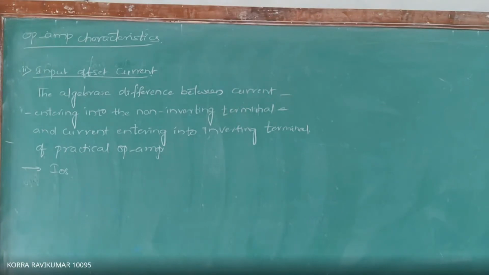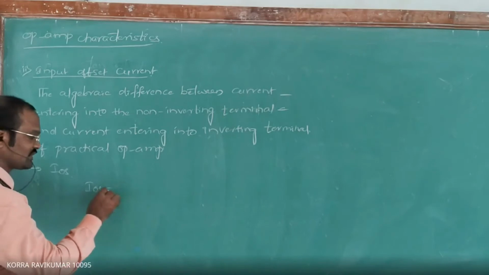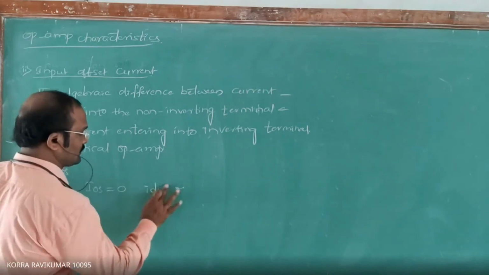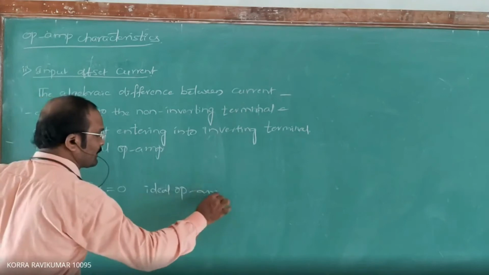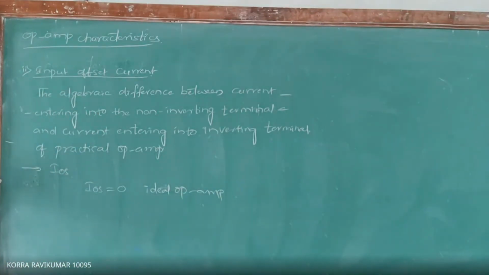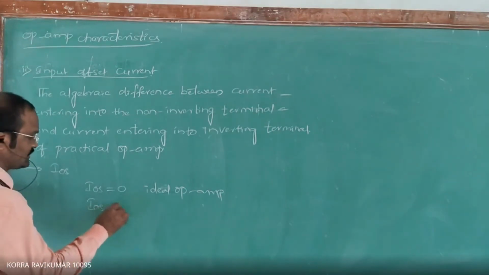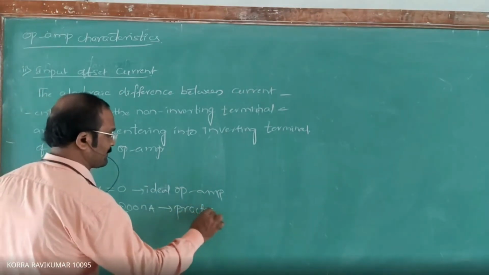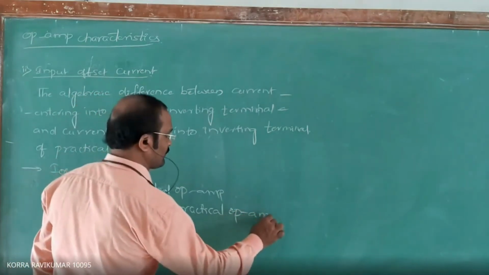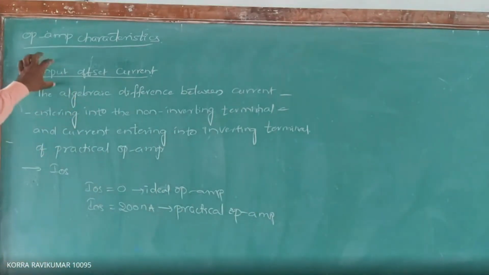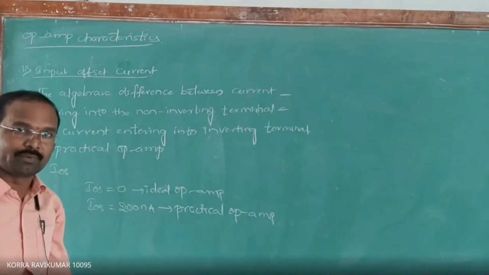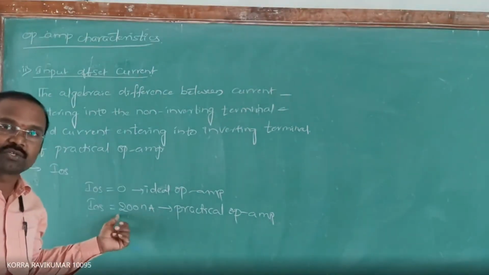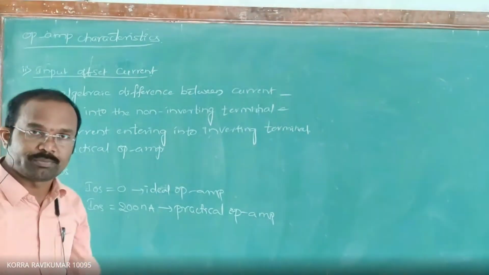The value of input offset current is 0 for an ideal op amp, and this IOS is equal to 200 nanoamperes for a practical operational amplifier.